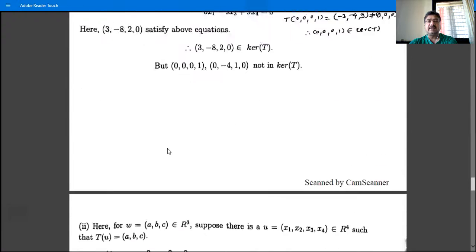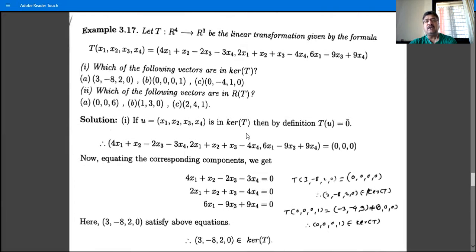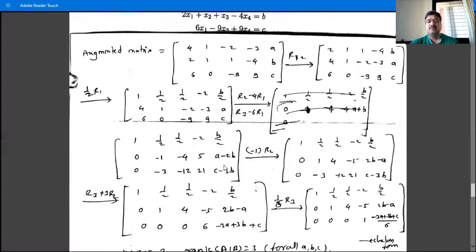And so all these vectors, (0, 0, 6), (1, 3, 0), (2, 4, 1), belong to the range of T, because every vector from R3 has a pre-image.